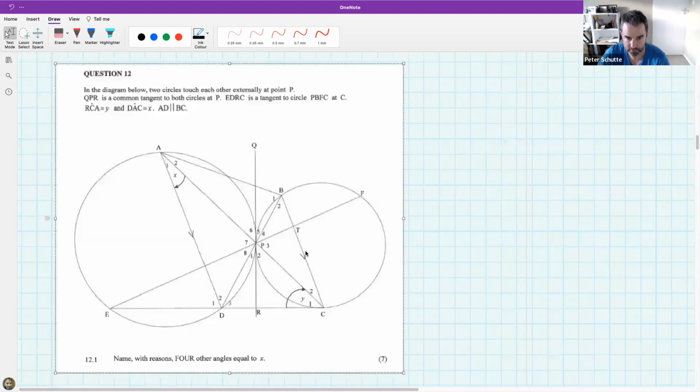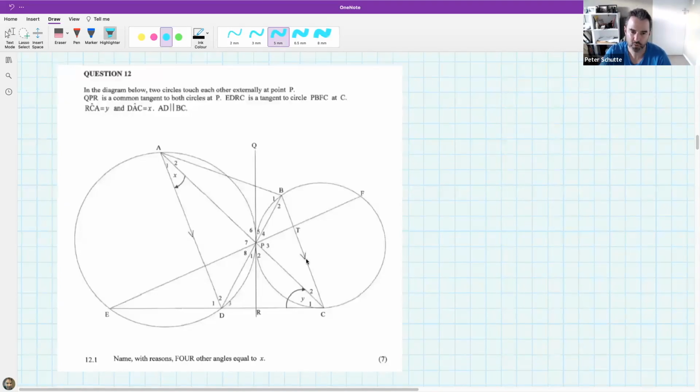How many marks? Okay, so we have 2 circles. This question is worth 7 marks for this first question. And it says, name with reasons 4 other angles equal to X. No given angles. Yeah, so we can see in the drawing, there is an angle X. Okay, so there's my angle X. And instead of giving us actual numbers, we have to find angles that are equivalent.